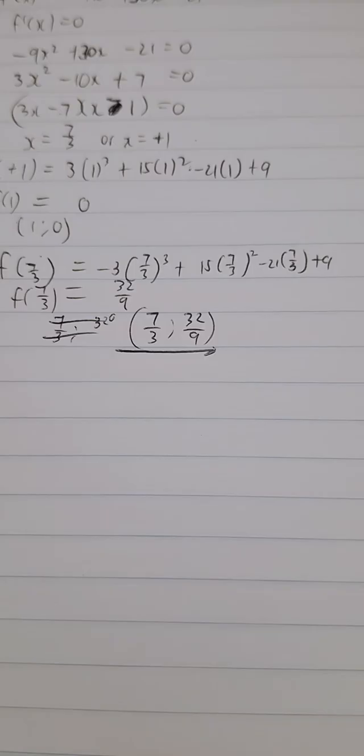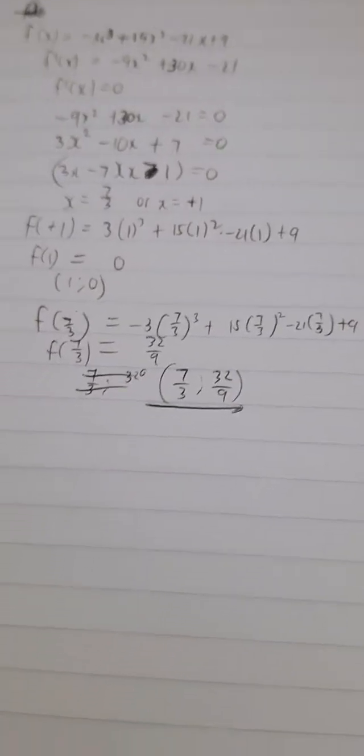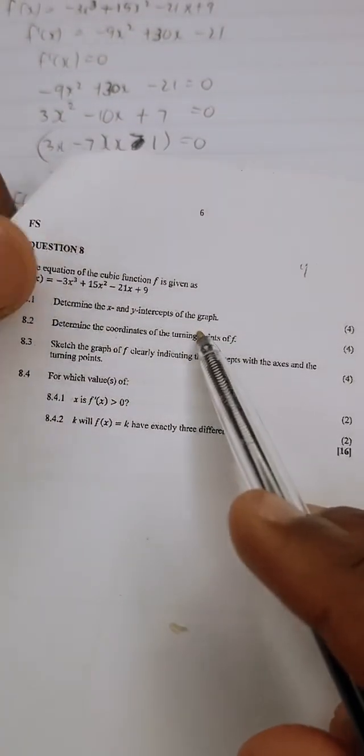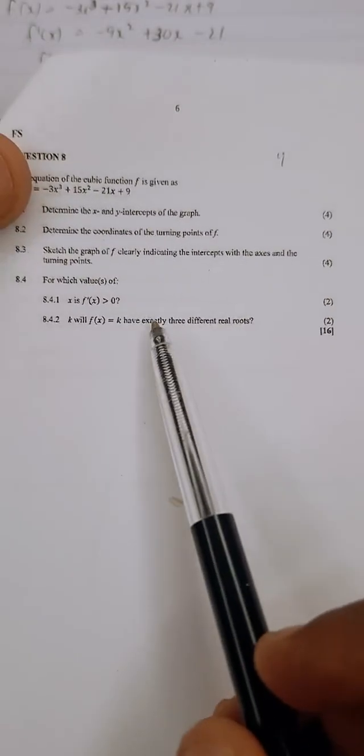So 1 and 0 is the first stationary point, and then 7 over 3 and 32 over 9 is the second. Remember that the question was very clear: having determined the x and the y-intercept of the graph, determine the coordinates of the turning point of f.